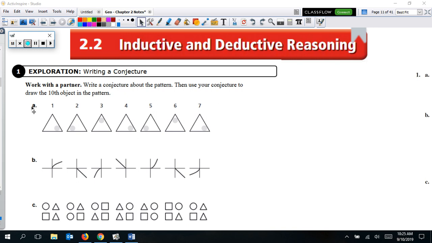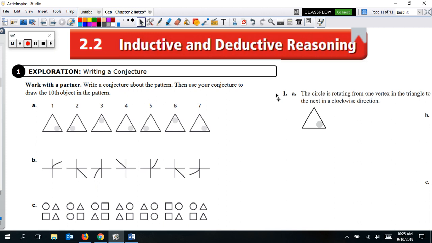So for A here, what we notice is the little dot is in this corner of the triangle. Then on 2, it's in the left corner. Then on 3, it's in the top corner, and it just keeps rotating around every single time. So if you start here at 1, and this is 2, 3, 4, 5, 6, 7, 8, 9, 10, the 10th one, you're back at the same spot you are on 1.